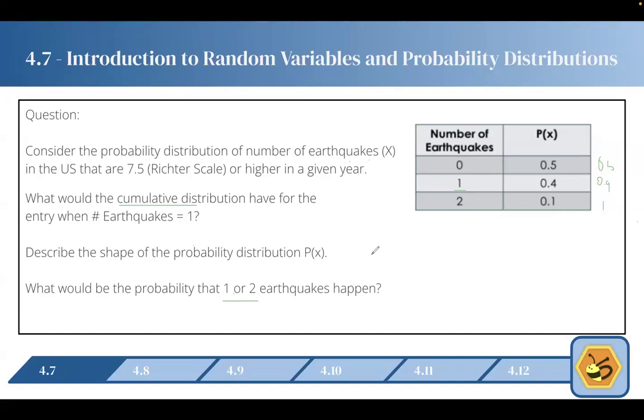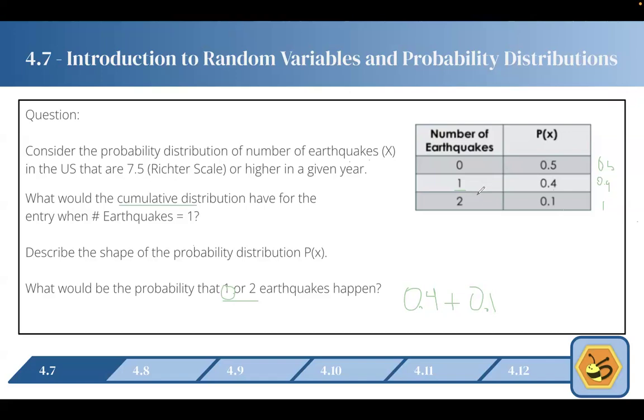And let's think about how we would do it if we were using the formula. Remember, the formula is P of A plus P of B minus their intersection. So P of A, which is 1, is 0.4, and P of B is 0.1. Before we do the equal sign, we need to subtract their intersection. But here's a question for you. In a given year, can we have both one and two earthquakes?